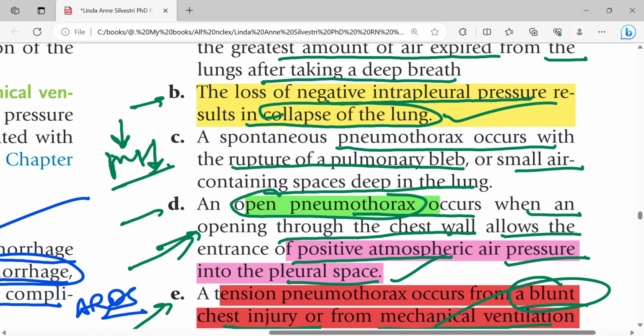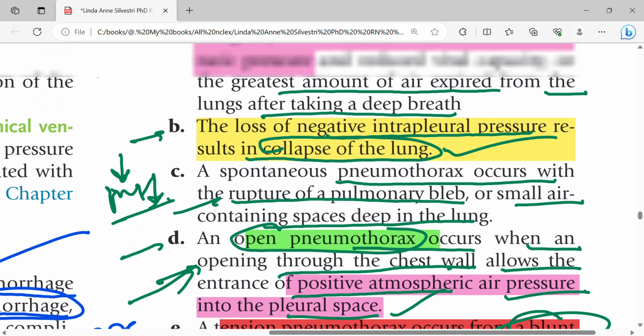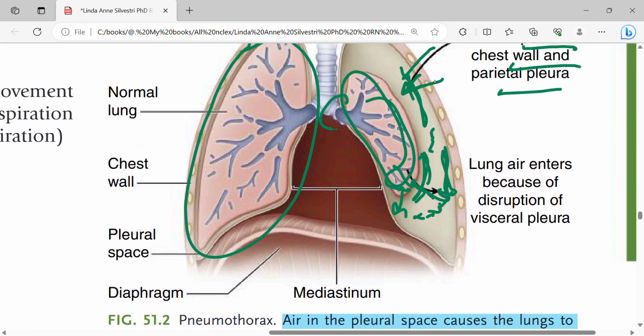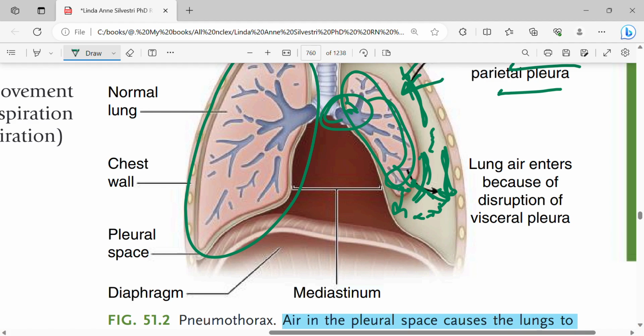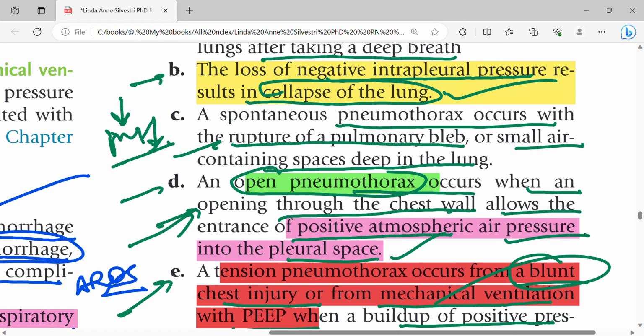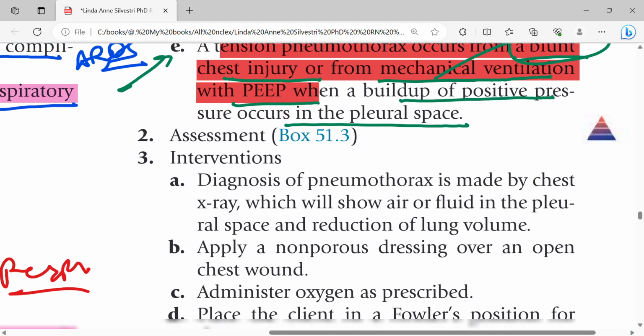Spontaneous pneumothorax occurs with rupture of the pulmonary valve, which is where the trachea enters into the lungs.